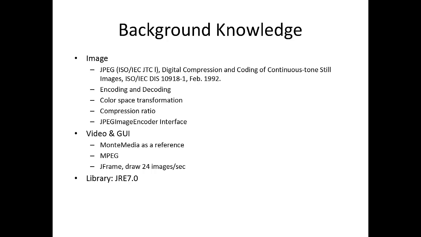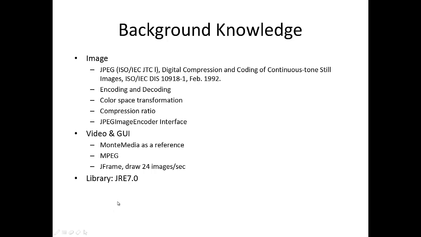For the video and GUI, we first found a very good reference library, Xuggler Media. We learned a lot from this library, and then we decided to build our own video encoder. We looked into MPEG, and then we decided it was a little bit too complex for this project, so we decided to use another way to play the video.